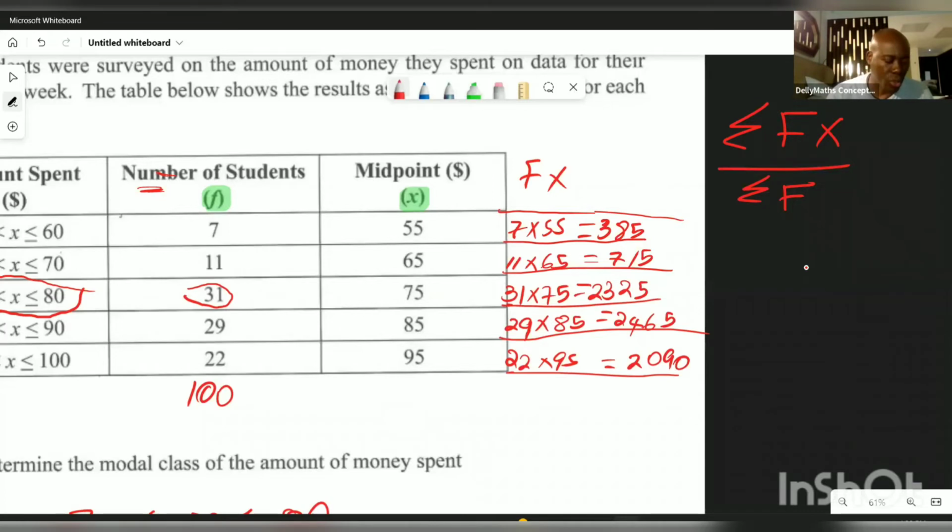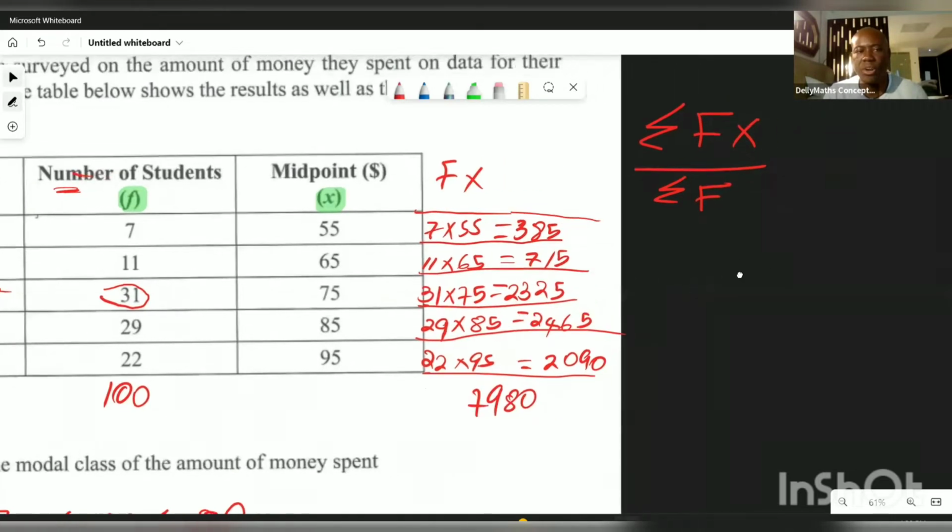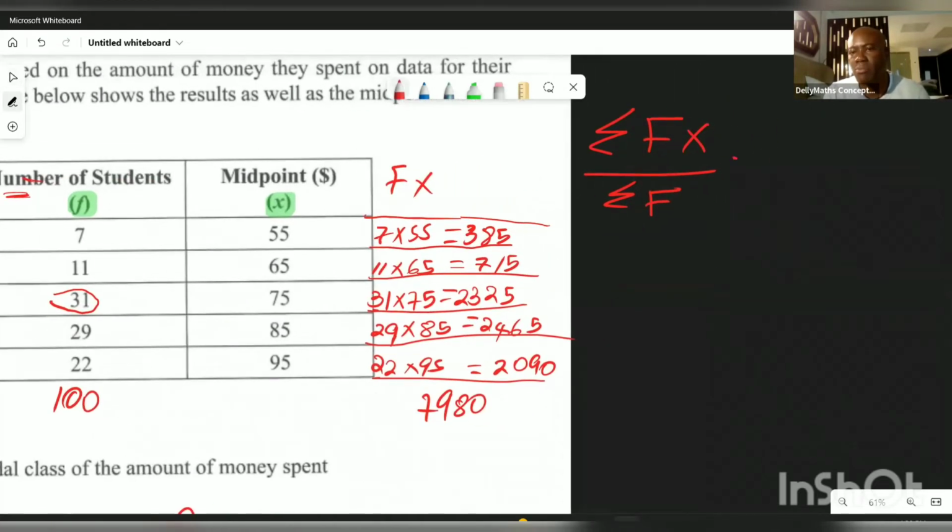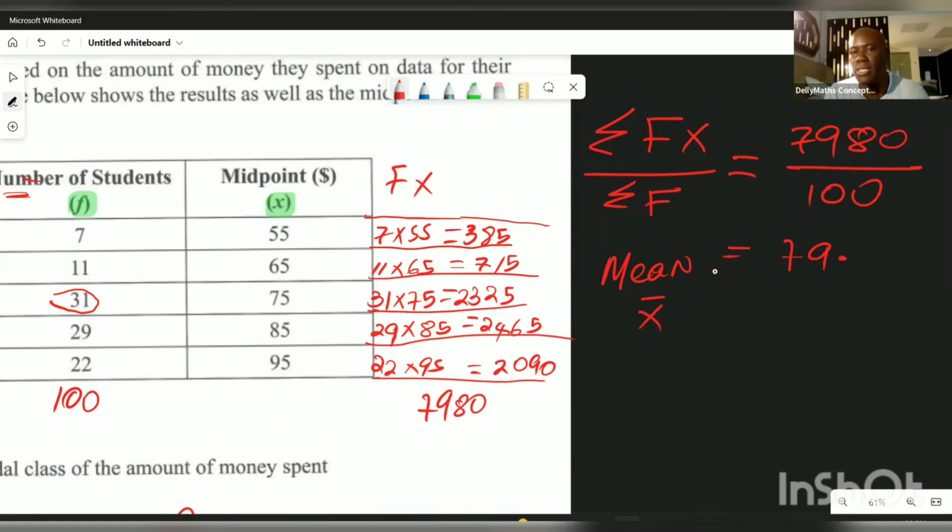The sum I'm getting is 7,980. Let's plug this into the formula. We divide 7,980 by 100, and the mean, which we call x bar, is equal to 79.80.